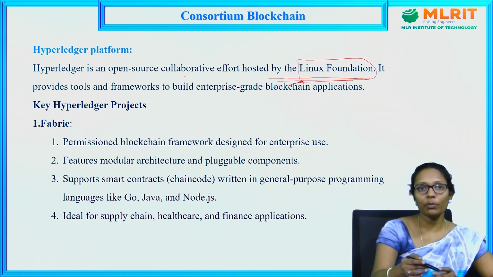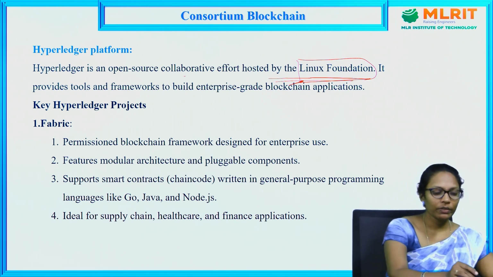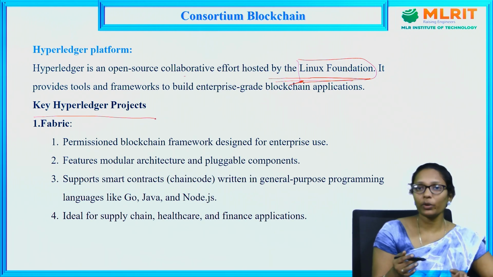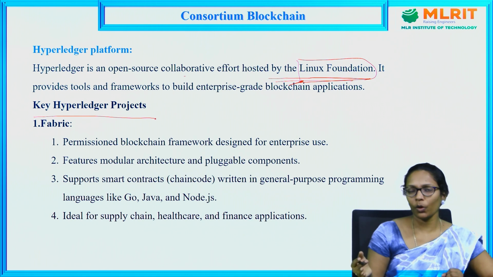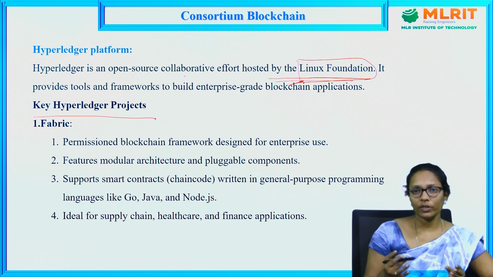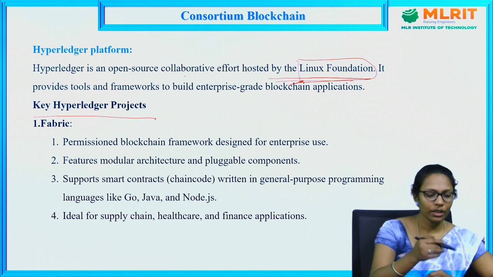Using this platform, you can design new blockchain applications where the blockchain will follow the consortium model. We have different Hyperledger projects, different platforms supporting different types of applications. If I want to design a healthcare application, what type of Hyperledger platform should I use? If I want to go with supply chain, what type of platform should I use? Like that, we have different platforms under Hyperledger.